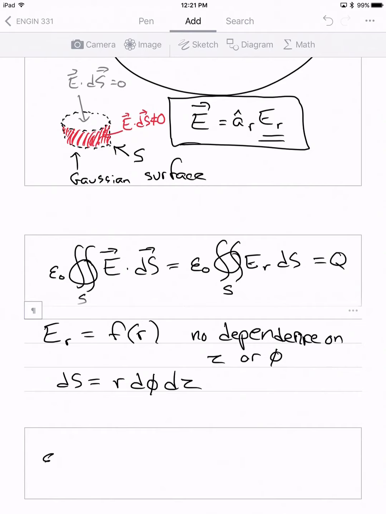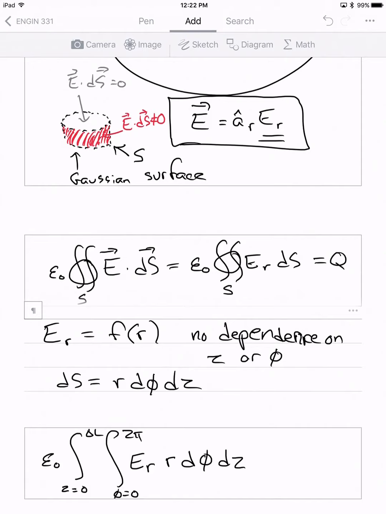Then we have epsilon naught integral from z equals 0 to delta L, integral from phi equals 0 to 2 pi, E sub r, which is only a function of r, remember, times r d phi dz.